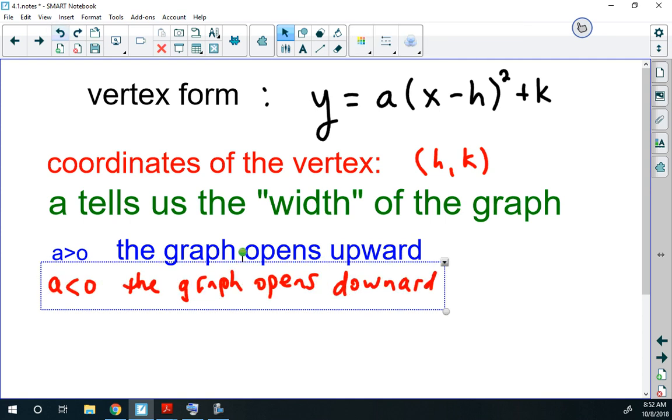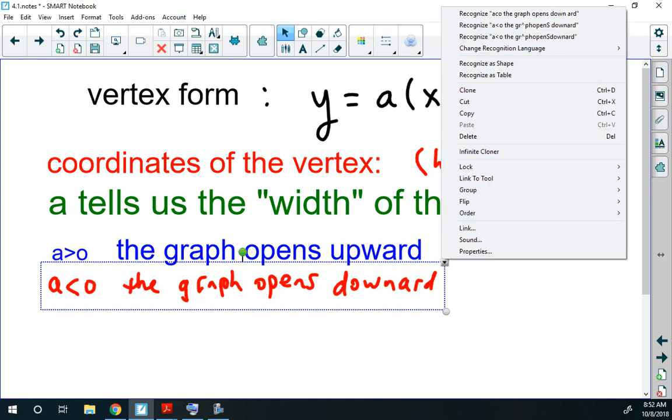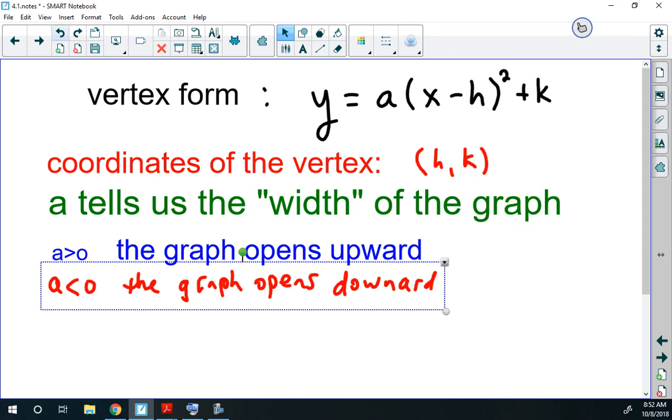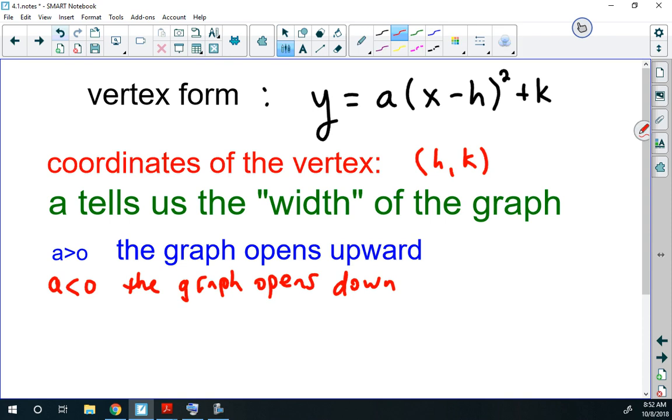If a is negative, the graph opens, well, you get it, downward. Oh, I forgot a w. Downward. That's better. Okay.